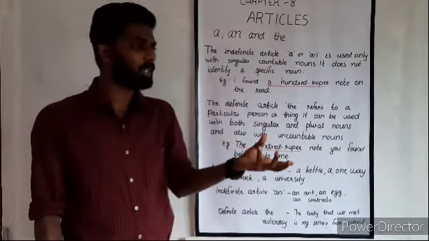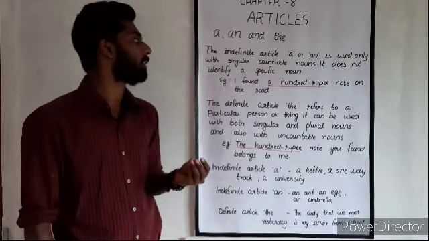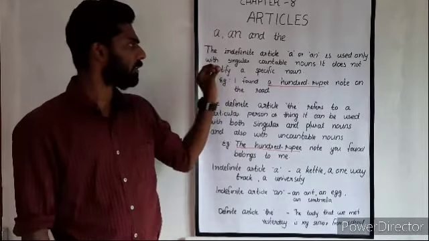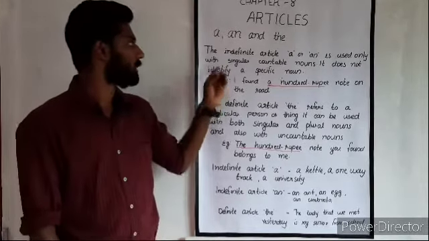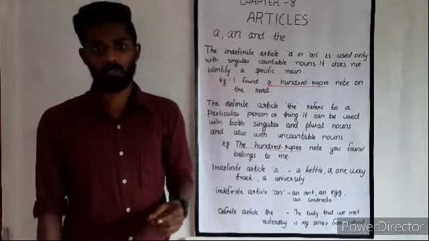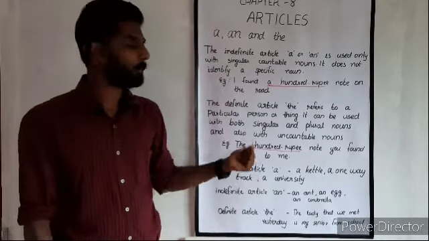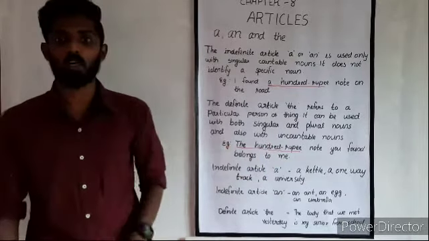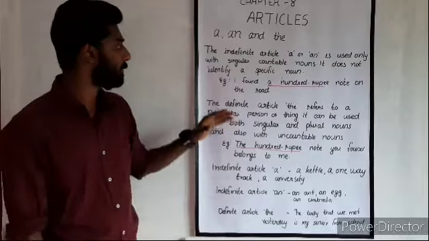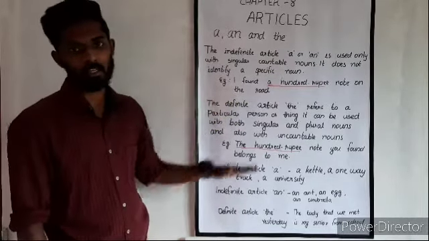If it is a singular thing, we will use the indefinite article, and the indefinite article will be used only with singular countable nouns. But the definite article can be used with singular or plural, countable or uncountable nouns. So that is the difference between the indefinite article and the definite article.